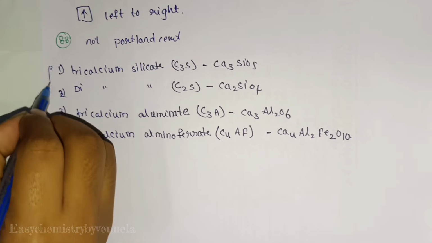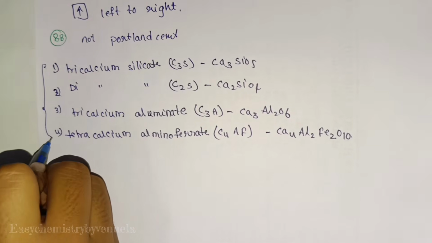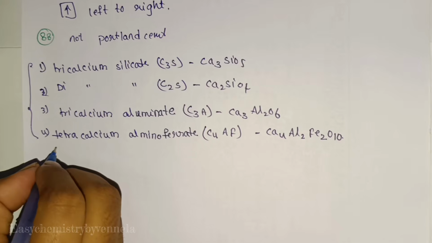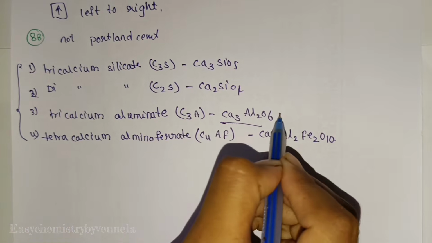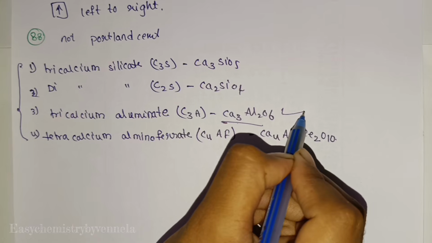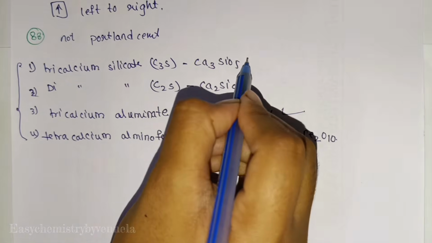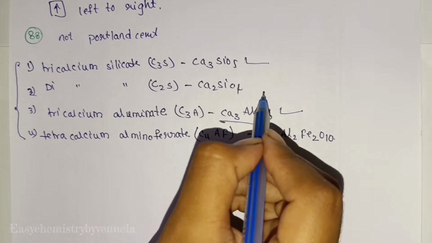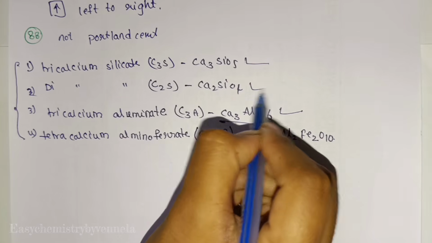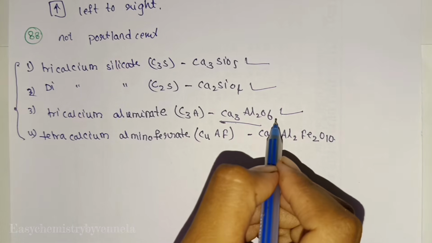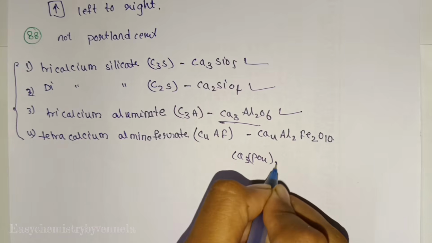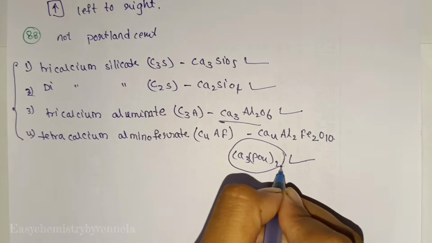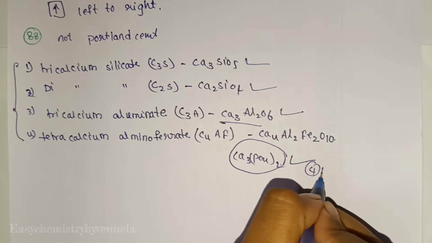These four are present in Portland cement. The question is which is not contained. Ca3Al2O6, this one is present. Ca3SiO5, this is also present. Ca2SiO4, this is also present. Next, Ca3(PO4)2. This is not present. So the fourth one is the correct option.